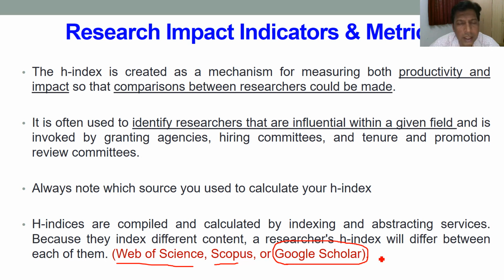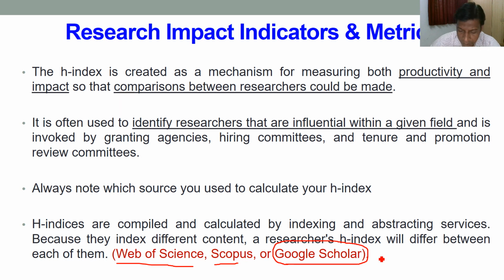All those are considered by Google Scholar. But in Web of Science and Scopus, all citations are not considered. Only citations by the indexed journals are considered while calculating the number of citations and H index of an author.